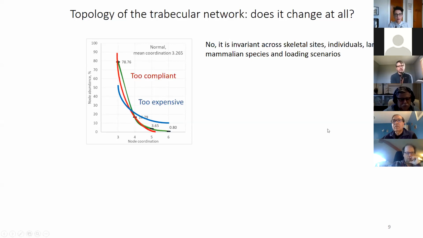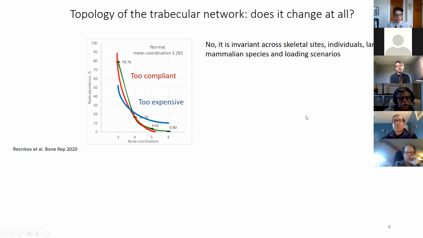And another scenario where the topological network is different is in the case of frailty and old age, where the simplest nodes dominate and the network becomes just too compliant to withstand trivial loads, and then a fragility fracture can occur.